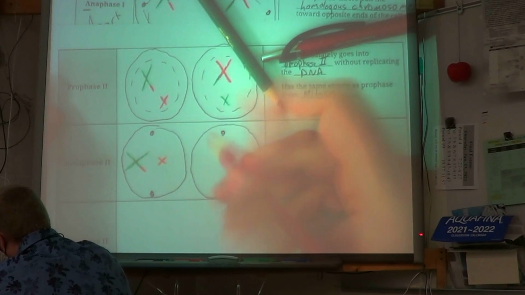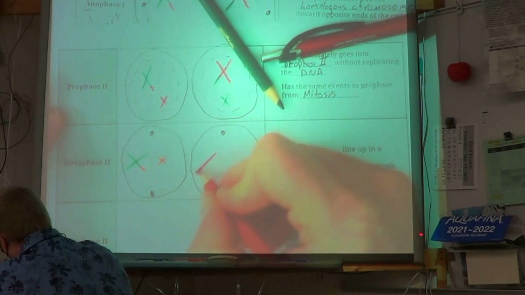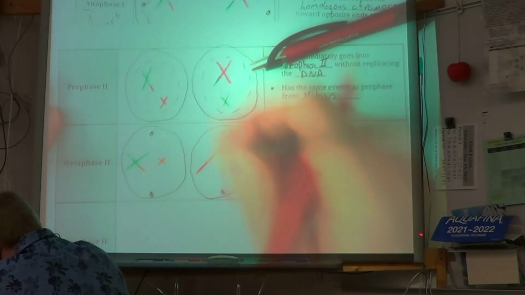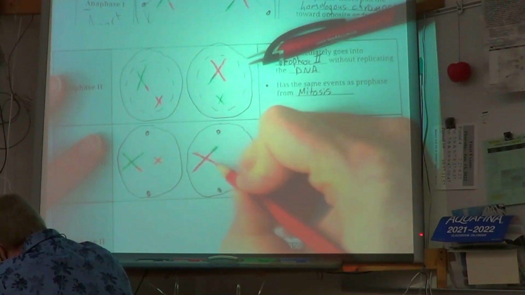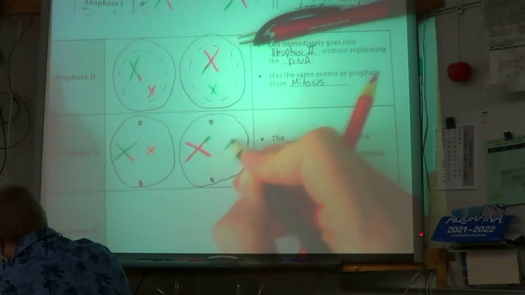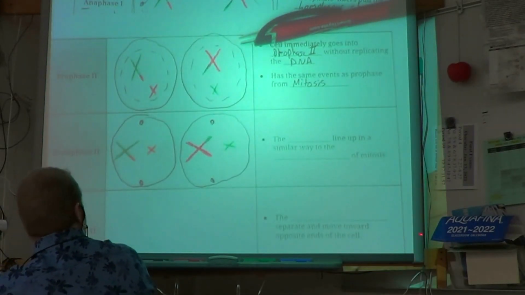Then I'm going to draw my big red chromosome along the equator and my little green chromosome along the equator.